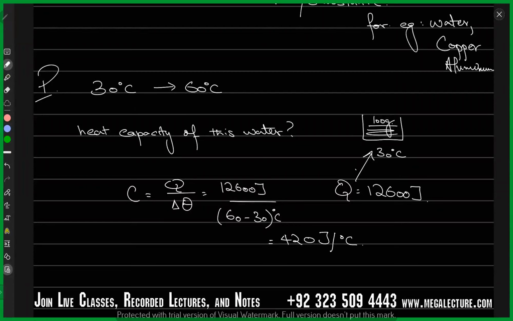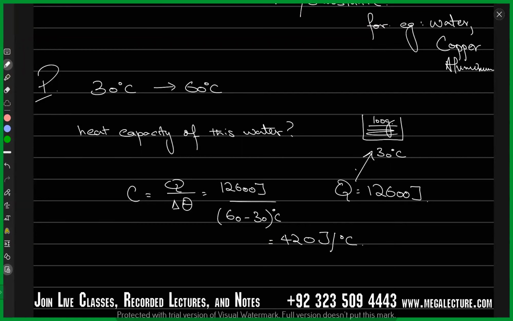This time the units for temperature were degrees Celsius, so we just worked it out in degrees Celsius. If the question specifically asks for kelvins, then you're supposed to convert degrees Celsius to kelvins.